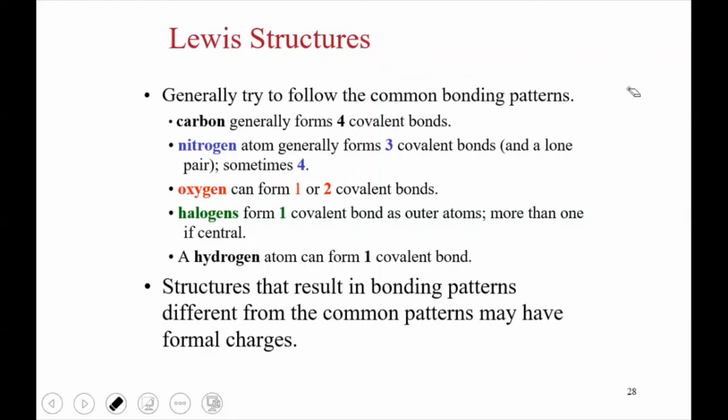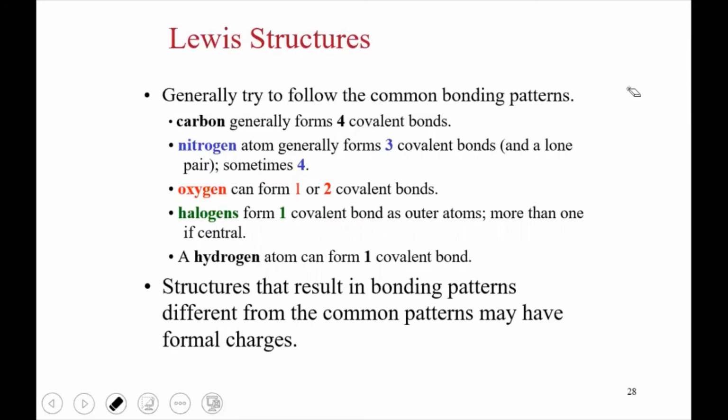And don't forget that hydrogen can only form one covalent bond. That's why hydrogen is always on the periphery, always on the outside of these atoms. So whenever you end up with a structure that results in bonding patterns that are different from these common little rules here, what that means typically is you're going to have formal charges on those atoms, okay?